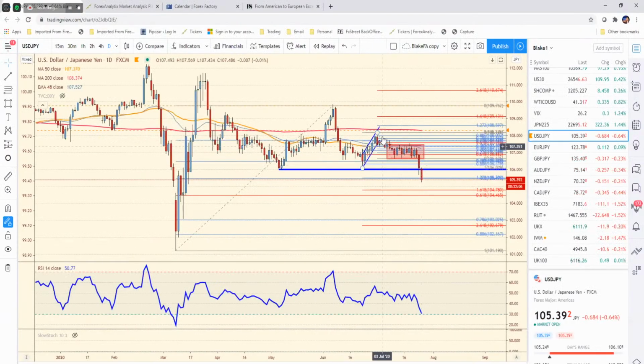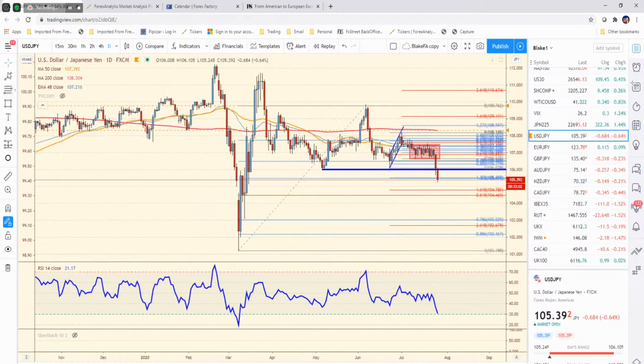If you look at the more daily structure of the dollar yen, it looks something more like that, right? It's a bearish wedge breakdown. Went through a big consolidation phase, finally broke down. And frankly, it looks like the dollar yen's going back down to 104.50, maybe even down to 103 in time, right?